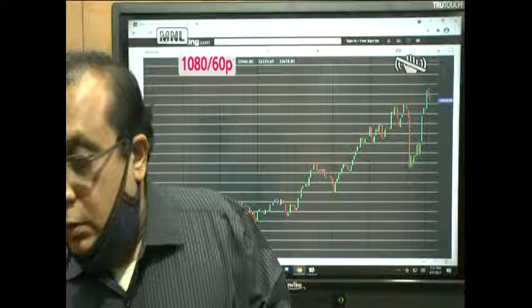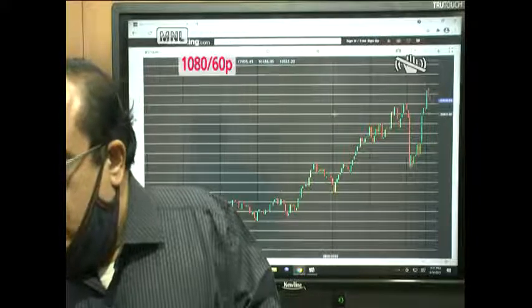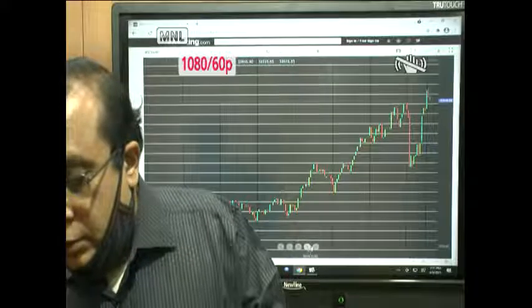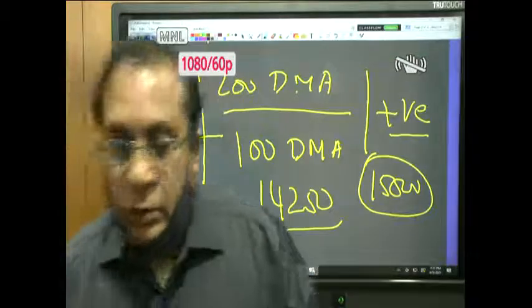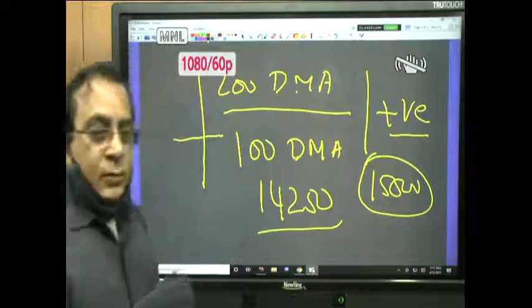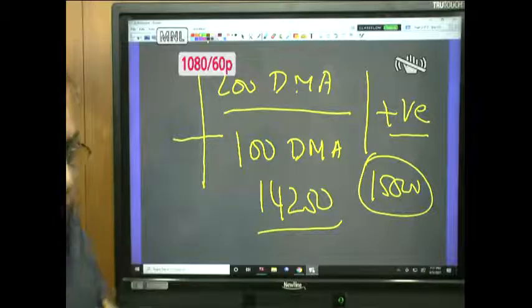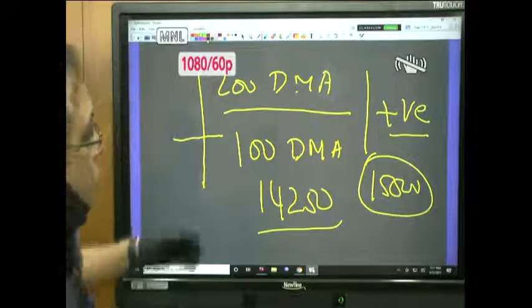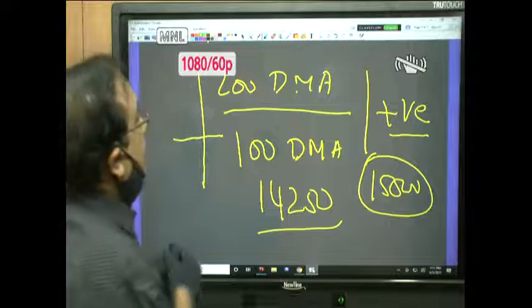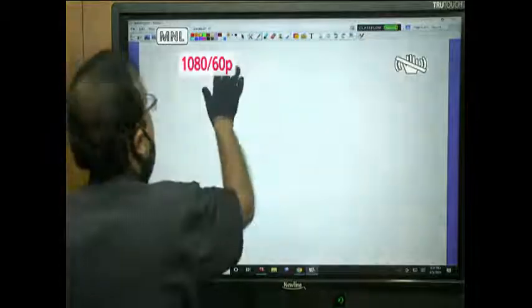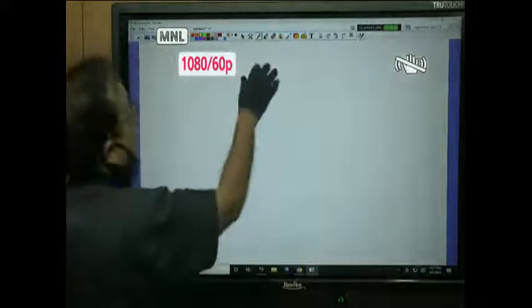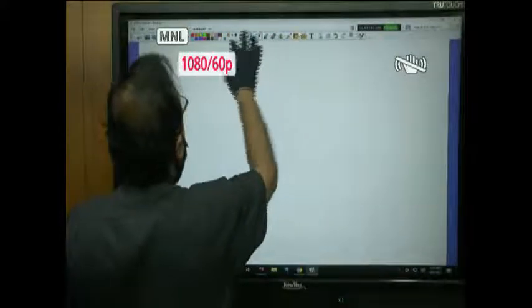Okay, so we'll just look at Nifty manually because we are not getting the chart. Last month Nifty established a range between 14,250 and 15,250.